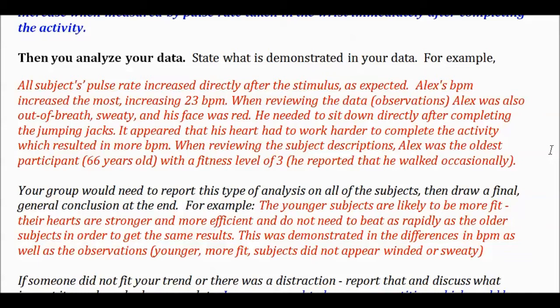He was 66 and had a fitness level of 3. He reported that he walked occasionally. That's what you're going to do for all your people. You're going to talk about what was specific about them that gives you more evidence and support for your analysis, and you're going to refer back to the data you collected, the observations you collected, and your original description of each person.